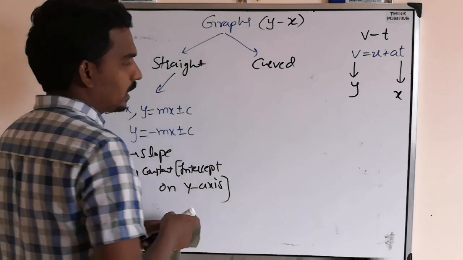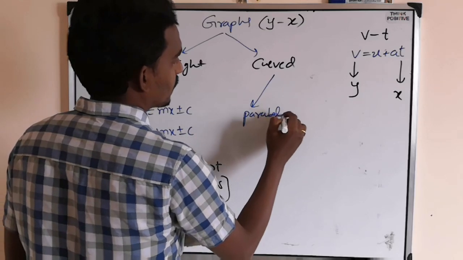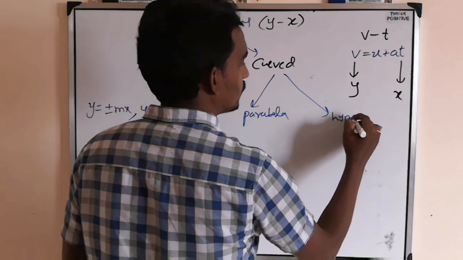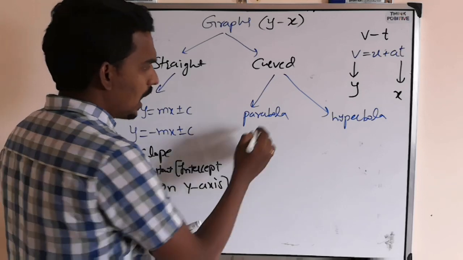Curves: mainly one is the parabola and the other one is the hyperbola. These are the two curved graphs.